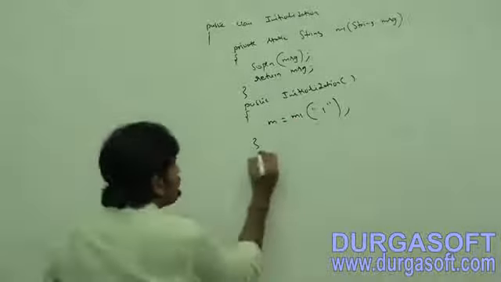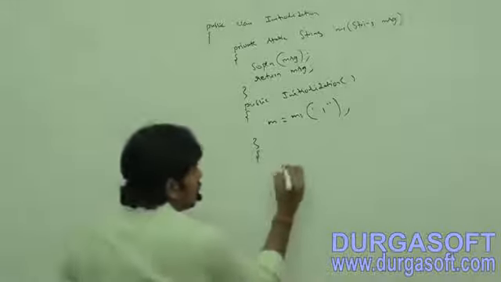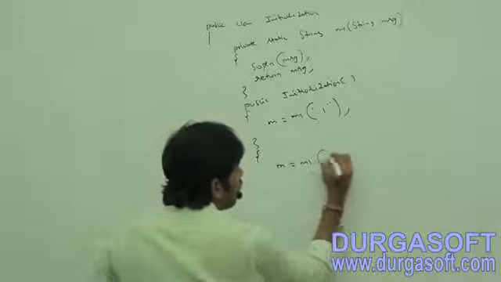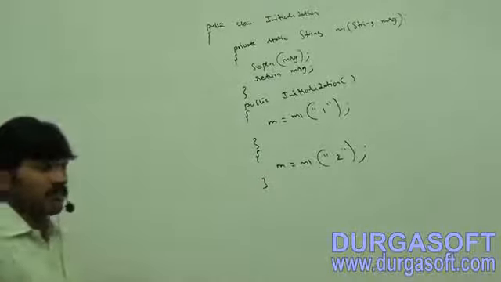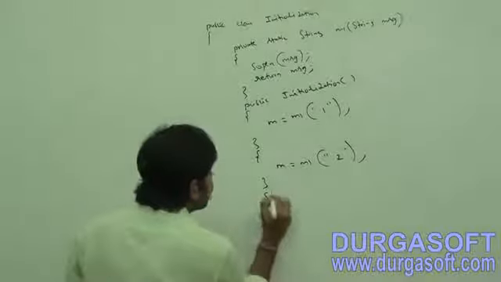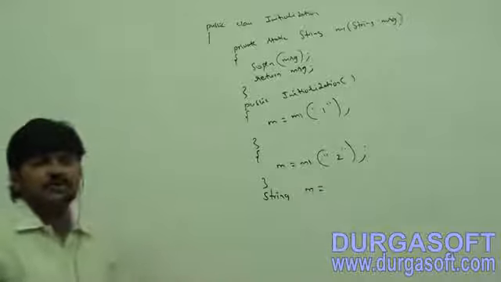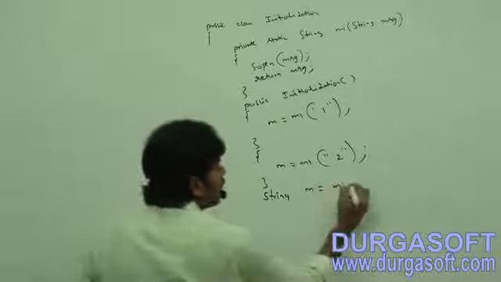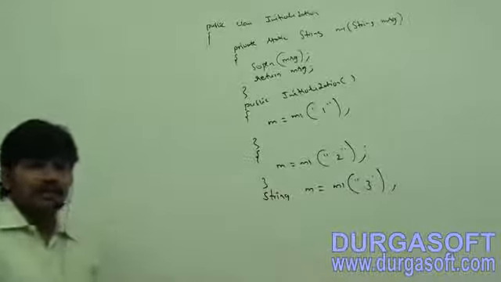And then instance block: m is equal to m1 of 2. And then string m, an instance variable I'm declaring here, is equal to m1 of 3.